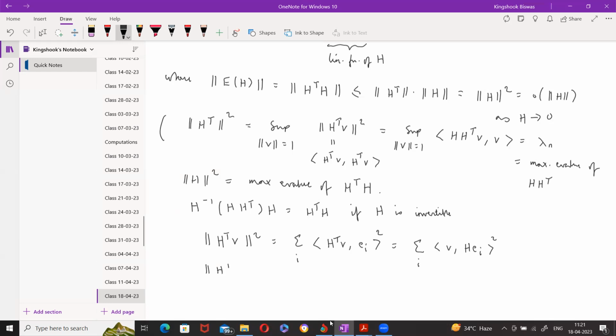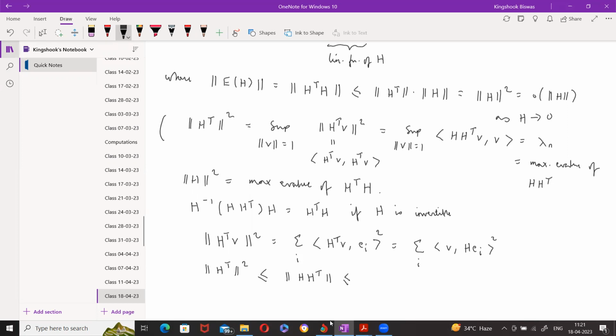So what he's saying is the norm of H transpose squared is less than or equal to the norm of H transpose, because here you apply Cauchy-Schwarz. This is less than or equal to the norm of H transpose v times the norm of v. V has norm 1, so this is less than the norm of H transpose.